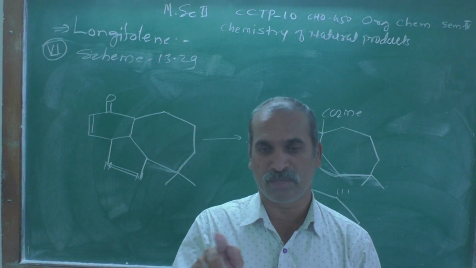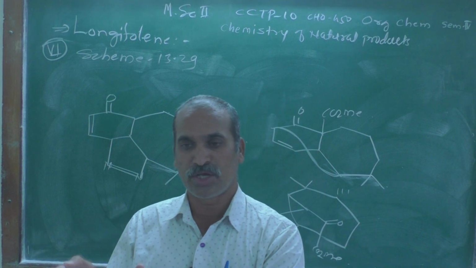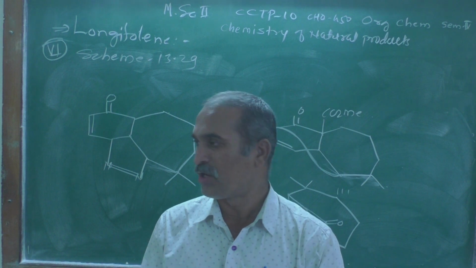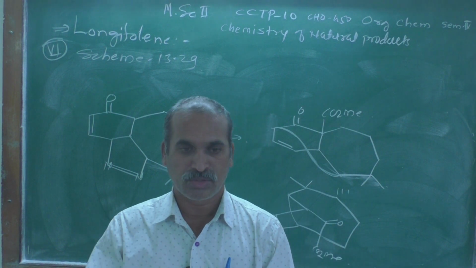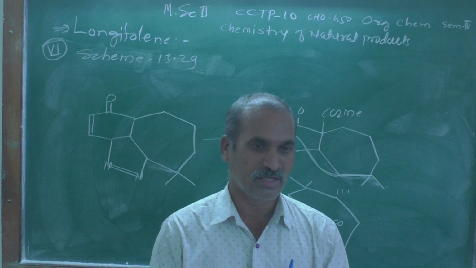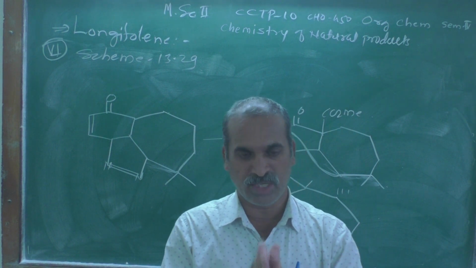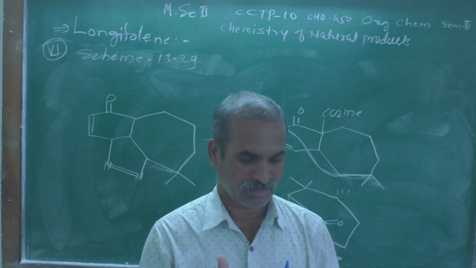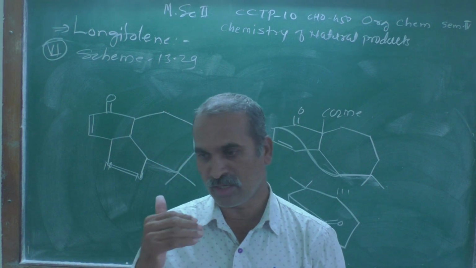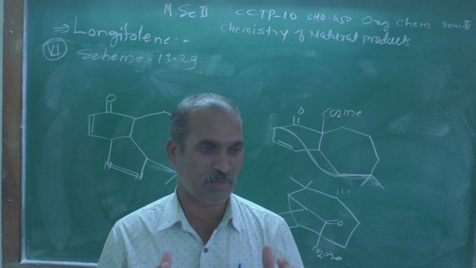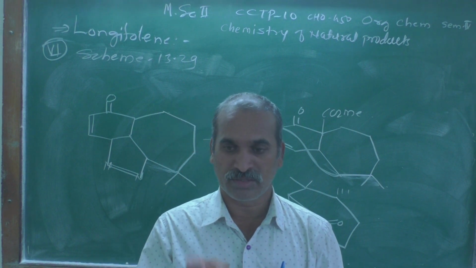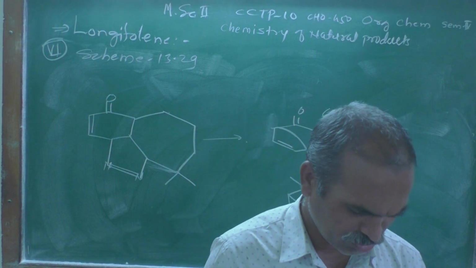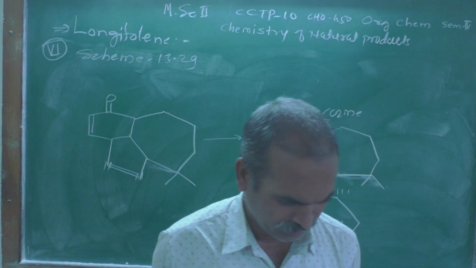R means rotating the plane of polarization in the dextrorotatory manner, and S means the plane of polarization rotates to the left-hand side. Enantiomers have the same chemical and physical properties, but their rotations are different, and that is why they are enantiomerically pure longifolene.